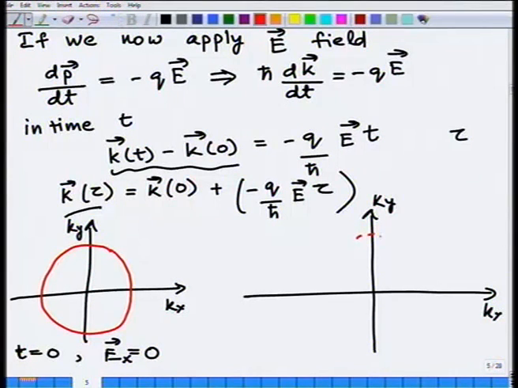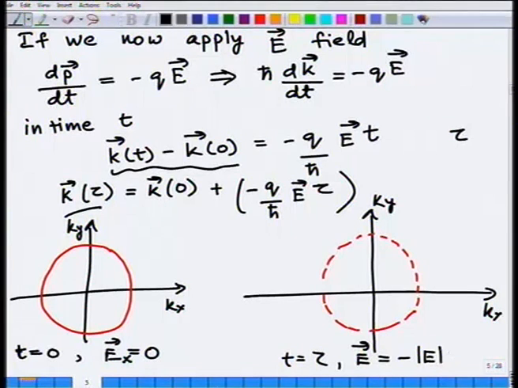This is the sphere at t equal to 0. Now, with another color pen, let us say blue, we have t equal to tau, and the E field I have applied is minus E magnitude in the x hat direction.